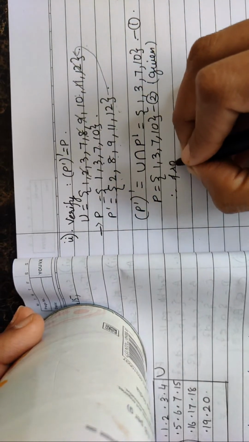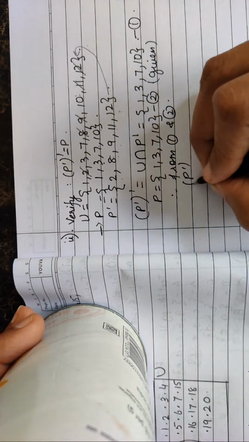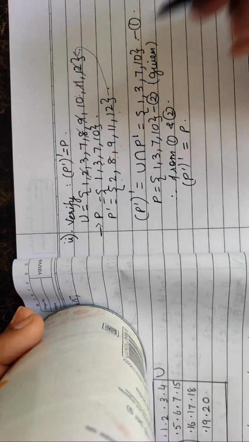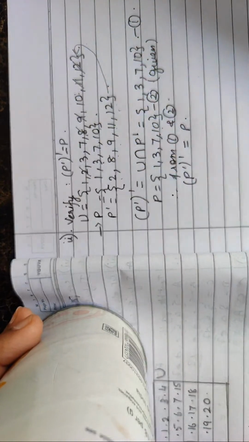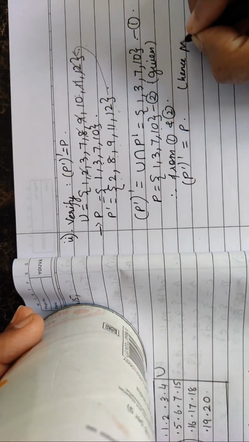Therefore, from 1 and 2 you have P dash dash is equal to P. You can see the elements of both are the same. So hence proved.